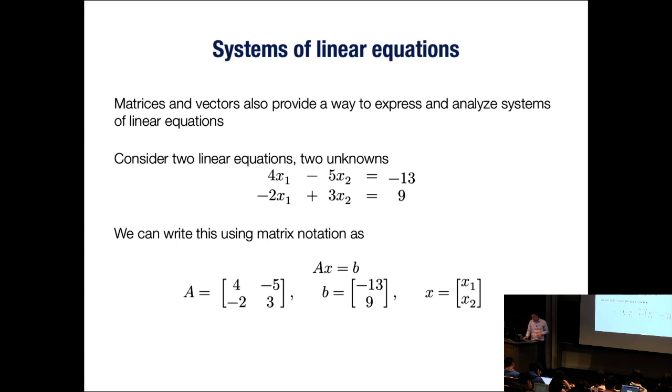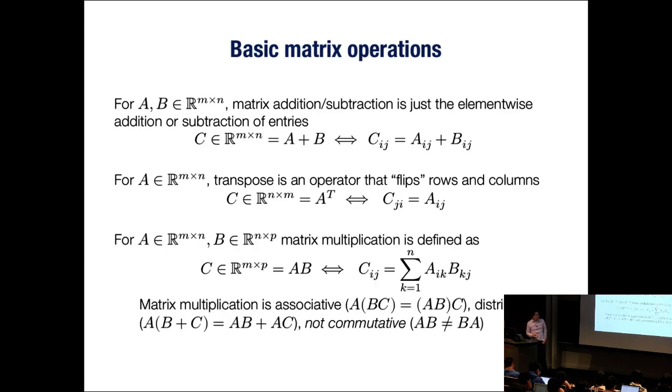Okay, so having said that, there are some very basic operations that you should know about for linear algebra. The first one is addition and subtraction. If I take two matrices, A and B, they have to be the same size to add them. They're both m by n matrices here, where m is the number of rows and n is the number of columns.